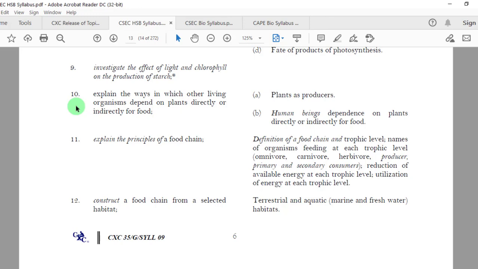I also created a document that would take out all the objectives that apply to each of the topics, and I've summarized them into a nice little document.